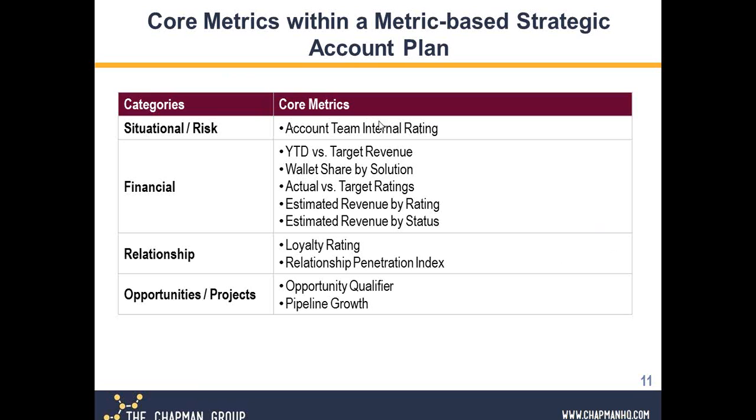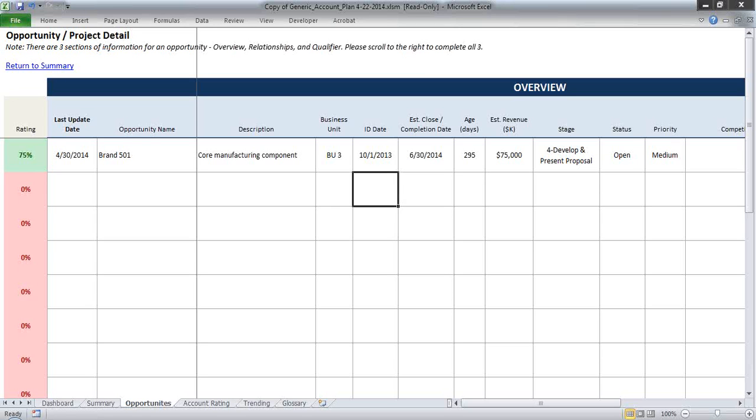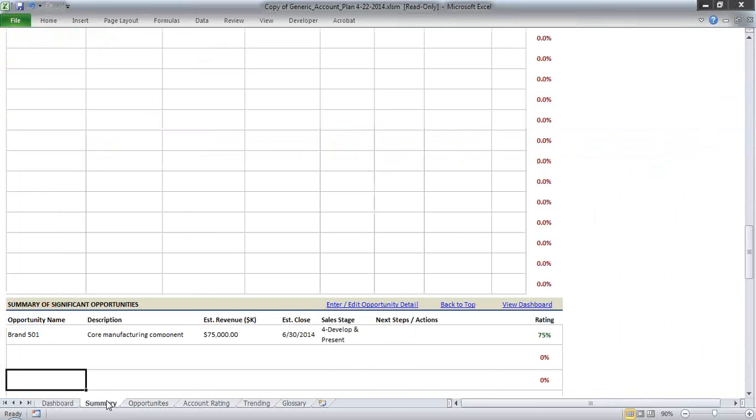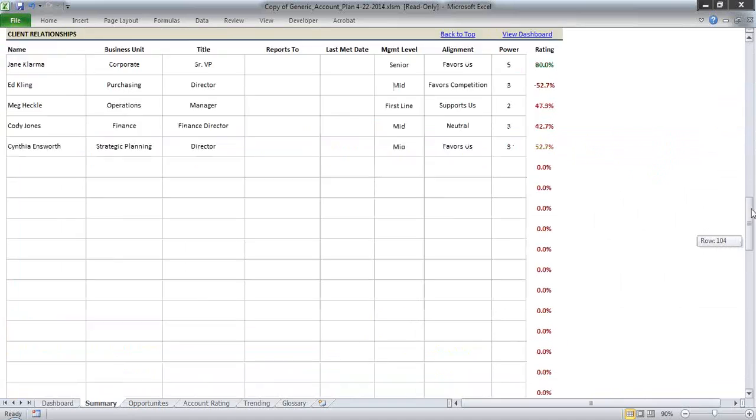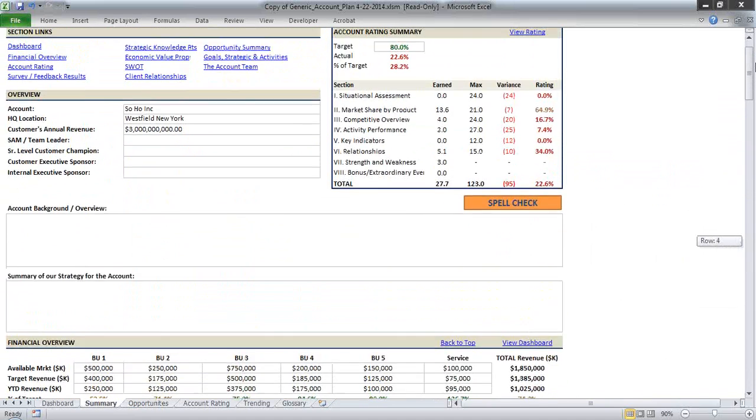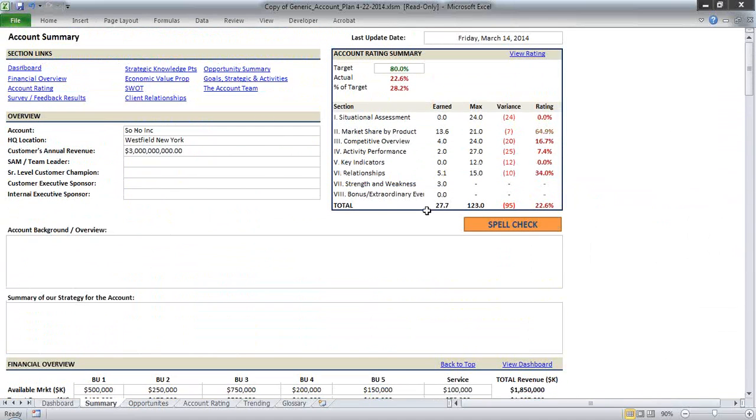I do believe a fourth metric is what we call an account team internal rating. And just for people to understand what that is a little bit, it's really a summary of this whole summary tab that helps us have a dashboard here of internal assessment by the team as it relates to what we view around the market share, the competitive situation, activities, key indicators, etc. And this sort of tells me I've got a target.